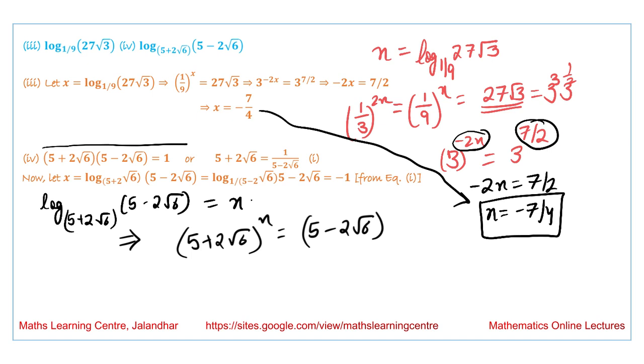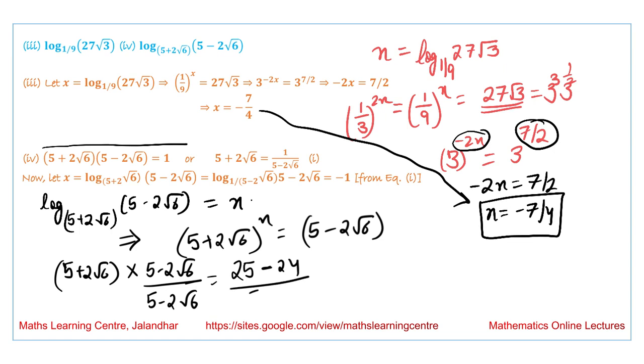If we calculate 5 plus 2 root 6 into 5 minus 2 root 6 divided by 5 minus 2 root 6, this is 25 minus 24 over 5 minus 2 root 6, which is 1 by 5 minus 2 root 6. So 5 plus 2 root 6 is equal to 1 by 5 minus 2 root 6.